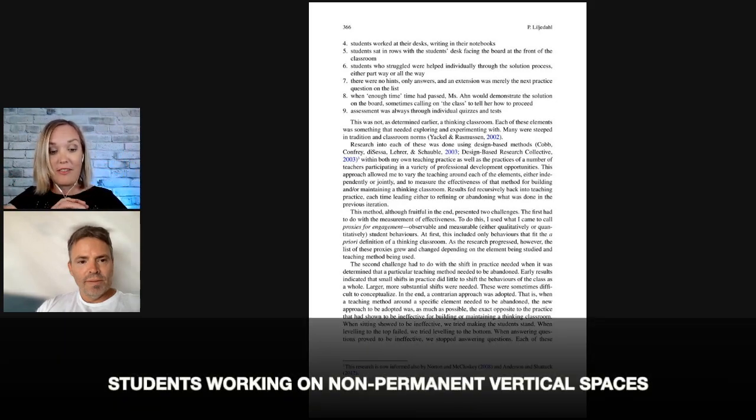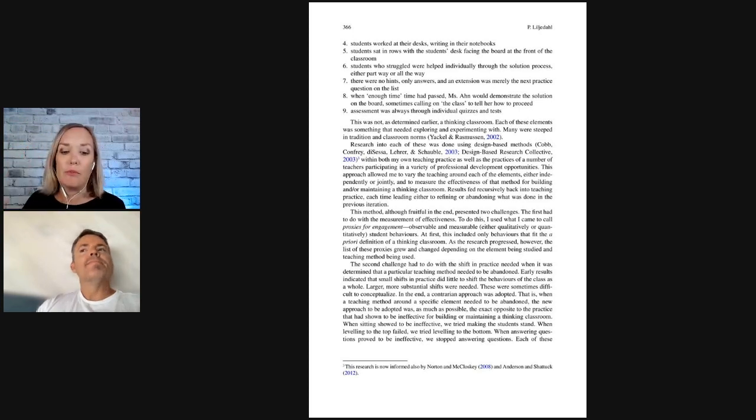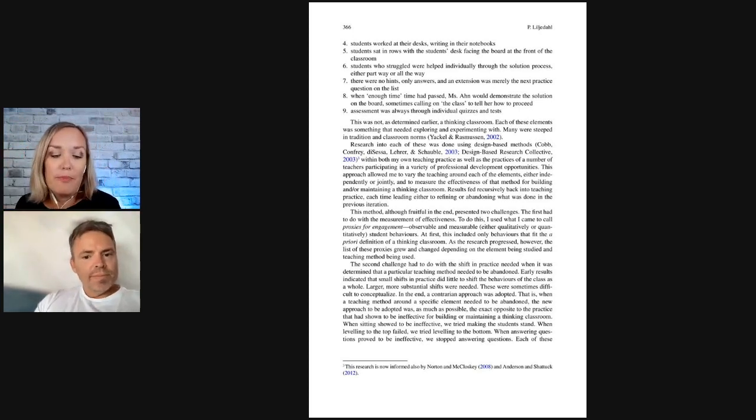Sometimes it's hard to get, but you should have lots of whiteboards or chalkboards, non-permanent workspace up around the room, and they should be up on those boards working on them.